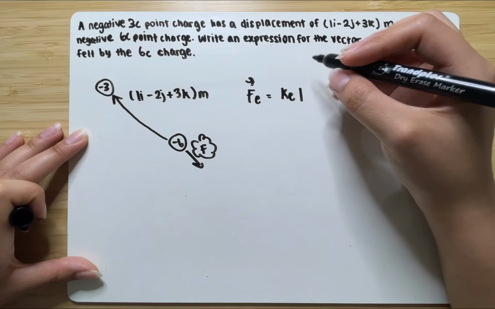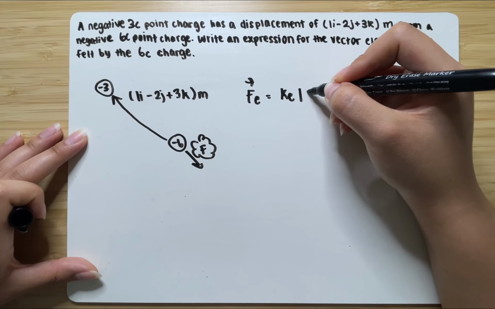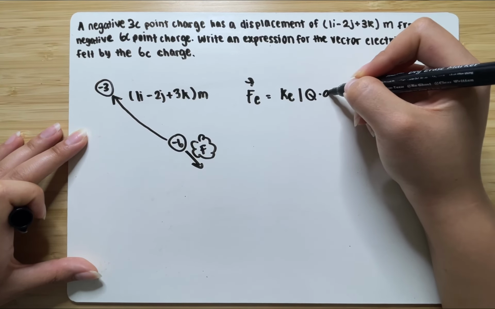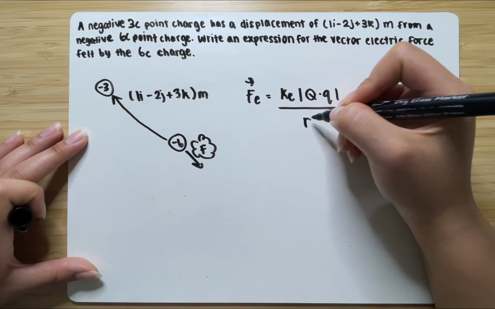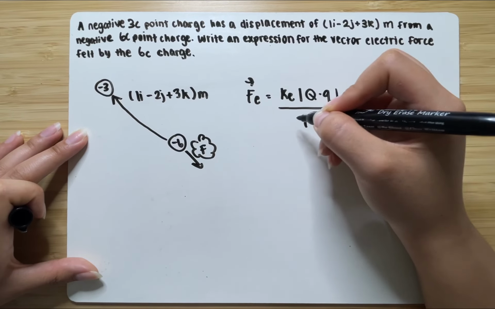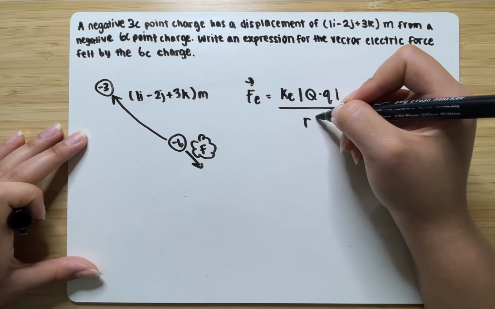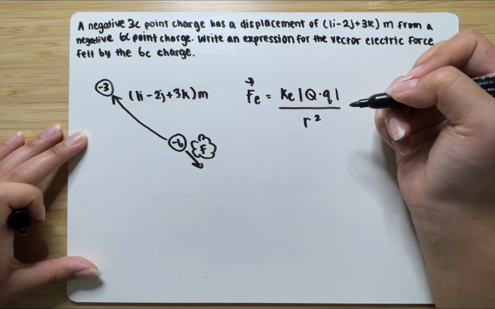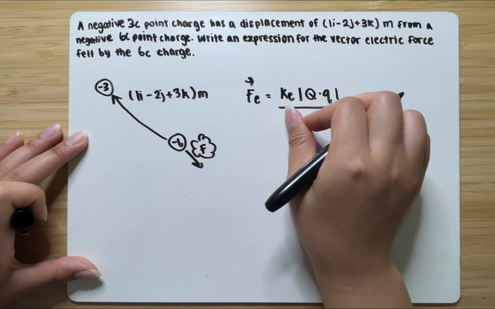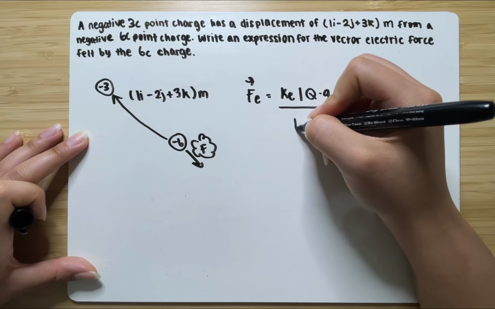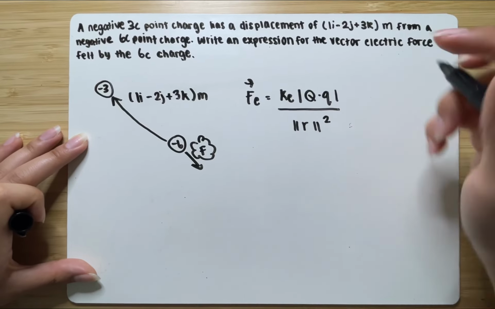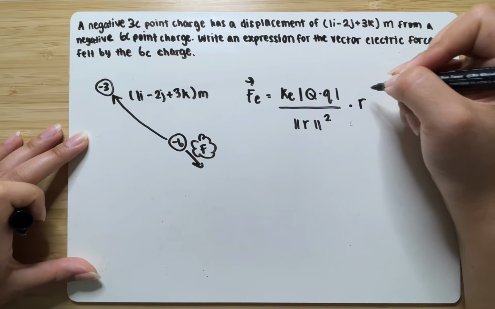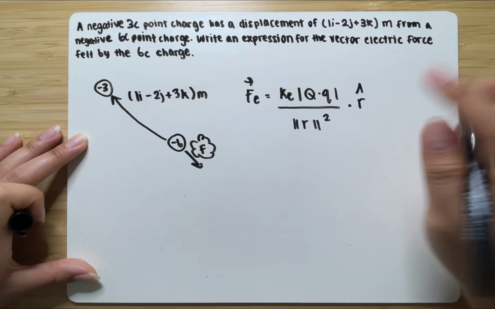Let's name the first point charge big Q and the second point charge little q, over the magnitude of the vector squared. Because this is the magnitude, let me make a change to this equation. Usually the magnitude is written like this, squared, multiplied by r unit. So this would be the unit vector.